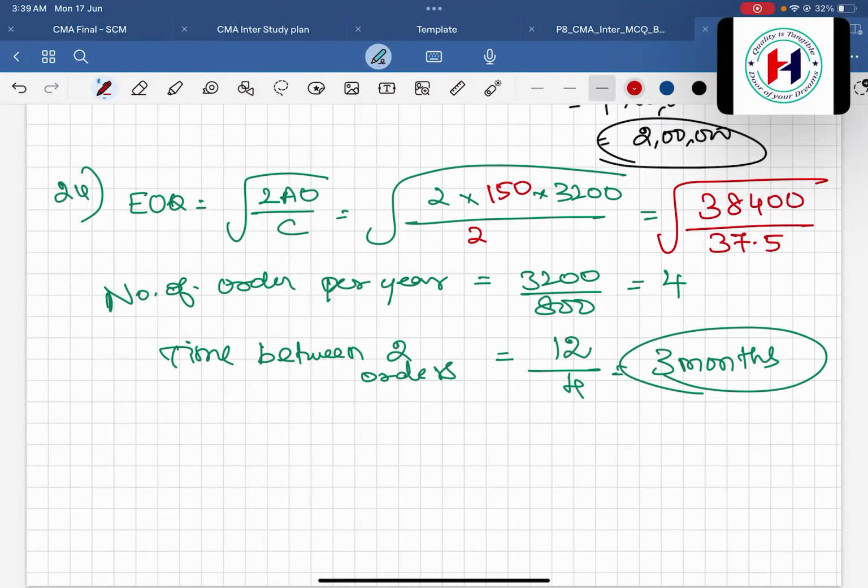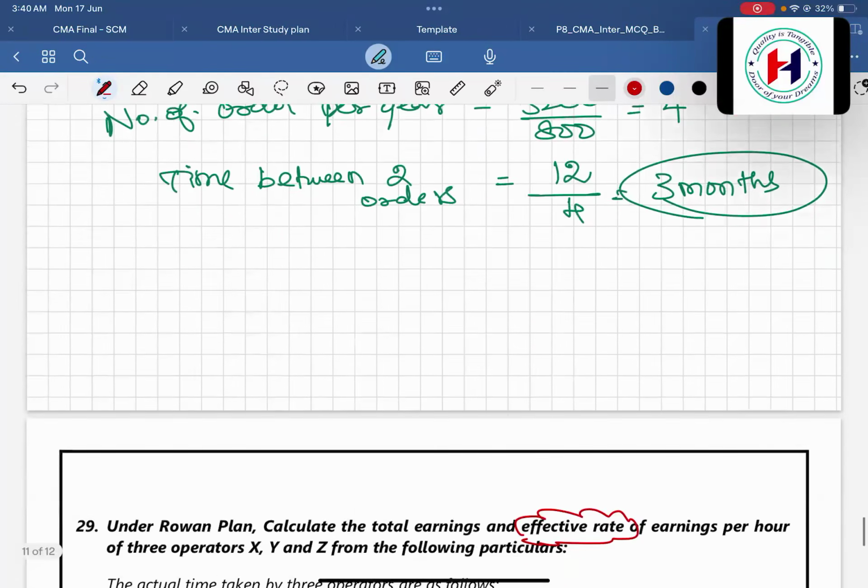Here it is 25 percentage into 6, so you will get 1.5. Here you will get 9,60,000. If you take the root value, you will get 800 units. So 3,200 divided by 800 units is equal to 4. Time between the two orders is 3 months.